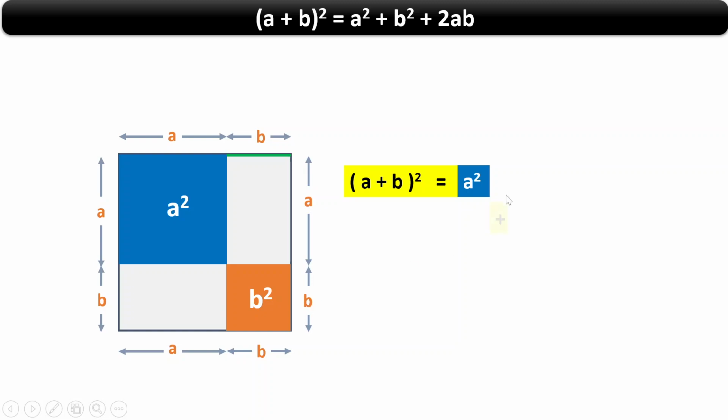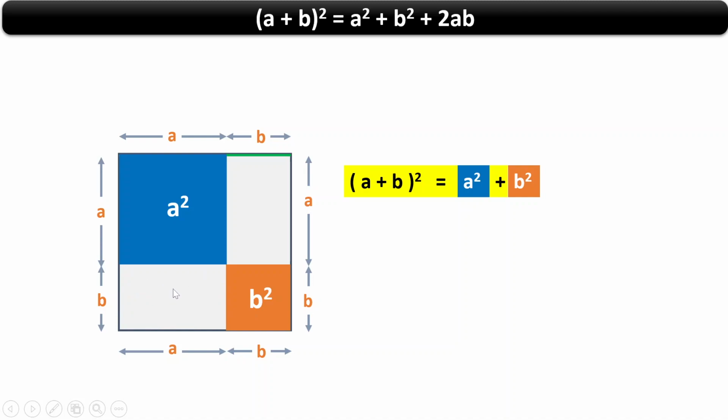Let us add this to the formula. So now we got a square, b square. What's the remaining area? This is the blank area whose area we need to find. Here the length is b and the breadth is a. So it's a rectangle.